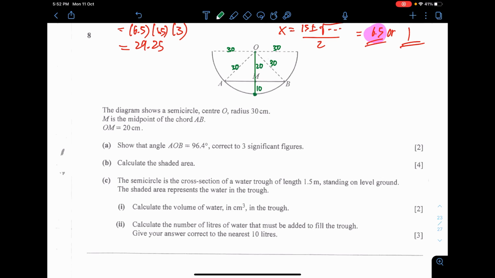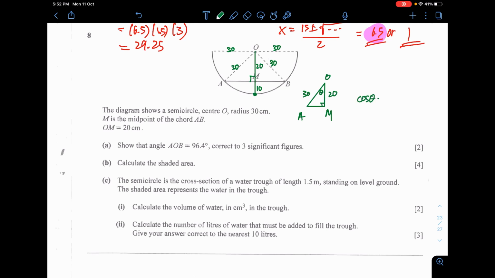Show that the angle of AOB, angle AOB. Now you have a right angle triangle here. So if I make a triangle of base OA and M, right angle triangle here, this is 30 and this one is 20. I want to find the angle of AOM. Just use SOH CAH TOA. Call this theta. Opposite, adjacent and hypotenuse.